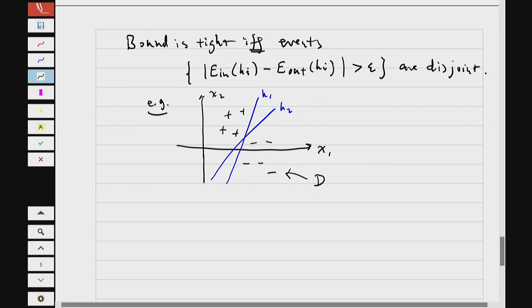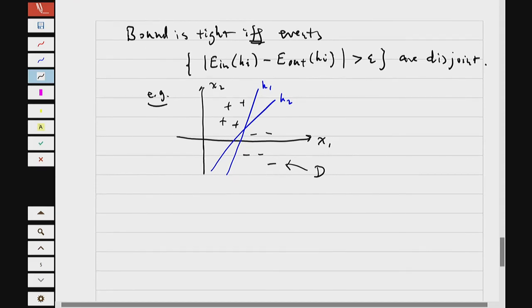And you expect that during testing, they're likely also to perform the same, whether they're good or bad. Let's say good means that the generalization error is less than epsilon, and bad means the generalization error is greater than epsilon. They're likely to be the same.